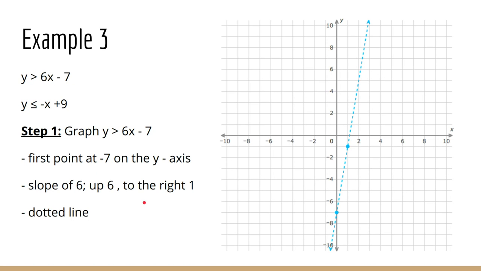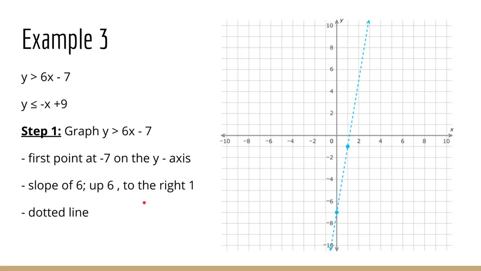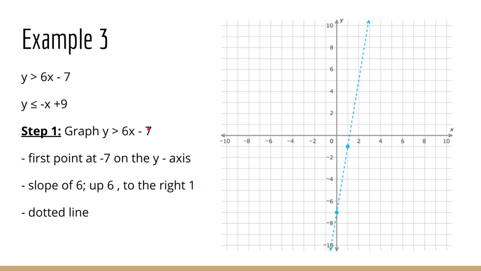Our last example, we're going to graph y is greater than 6x minus 7 and y is less than or equal to negative x plus 9. So our first step is to graph y is greater than 6x minus 7. We have a y-intercept of negative 7 and a slope of positive 6.